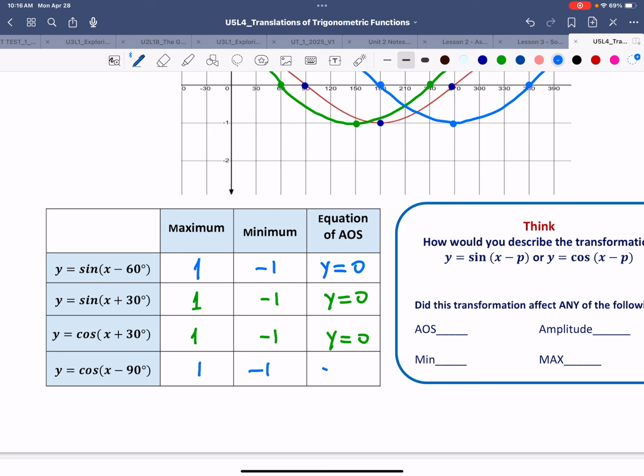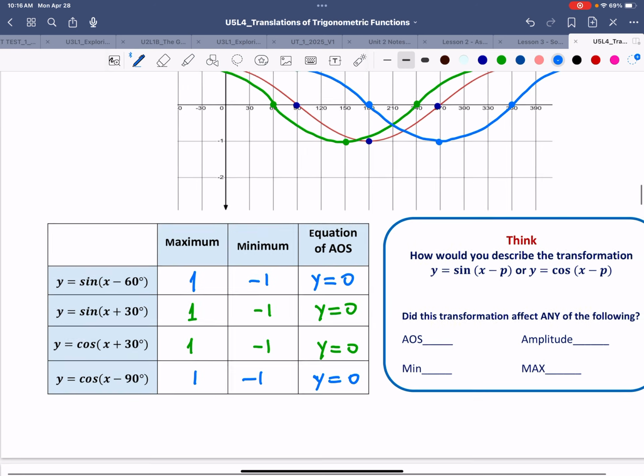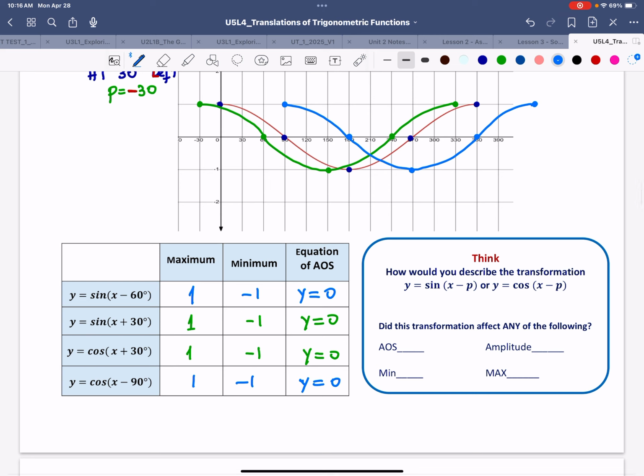Now what that means is that the horizontal translations do not cause any changes in min, max, and equation of the axis of symmetry. And when you look at the amplitude, again, the amplitude is the same. The amplitude is affected by the vertical transformations, so that will be vertical translations or vertical stretches, and there is none of them applied in here.